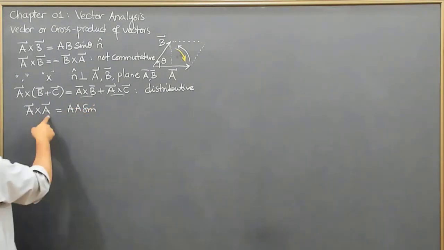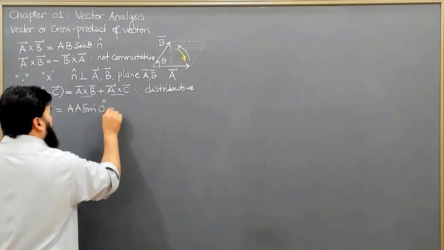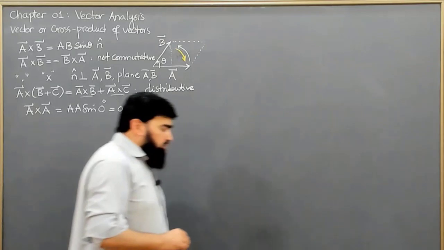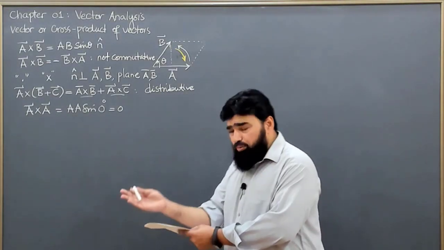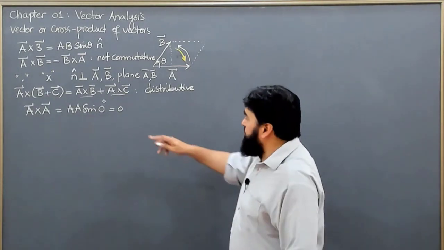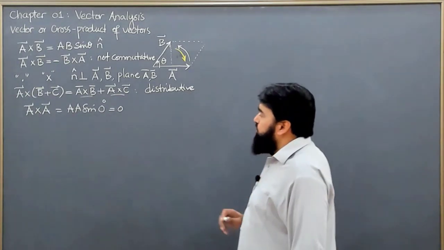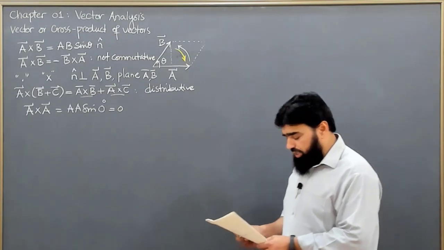As they are parallel, the same vectors, the angle is equal to 0 and we will have A cross A equal to 0. The reasoning behind it is that it is the same vector, so there will be no swept area between the same vectors, and that's why the swept area is equal to 0.